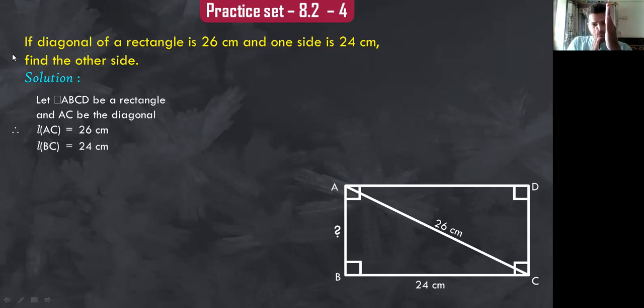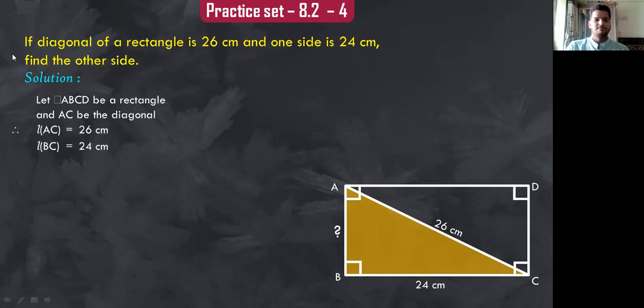Now if you observe, students, AB, BC and AC, if you combine all of them, are we making a triangle in the rectangle? Yes, we are making a triangle into it, right? Correct? Because AB, BC and AC together they are making a triangle. And moreover, if you observe the angle over there, it is 90 degrees.